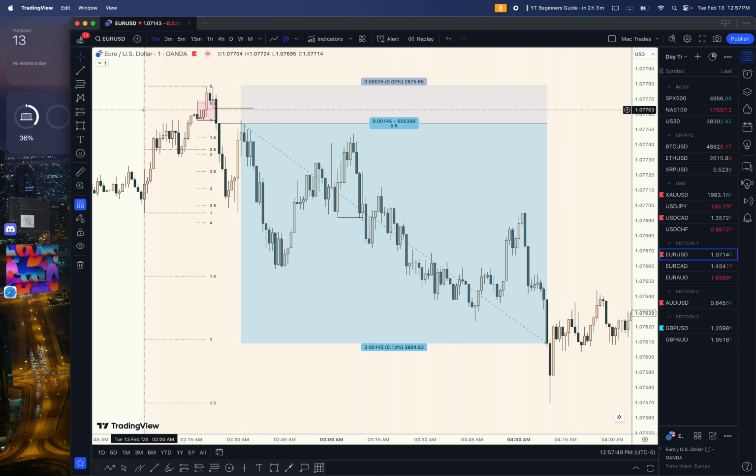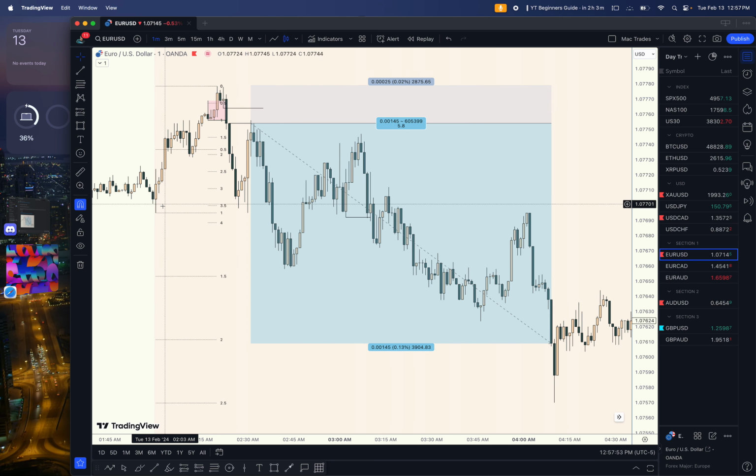So starting with this morning, we had a nice push to the upside for London Open. We had a small sweep of liquidity here, and then we see that price takes out this last bearish candle that formed right before price took out the swing high of the same bearish candle.